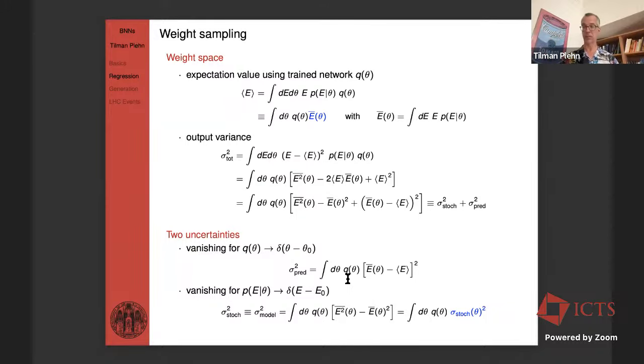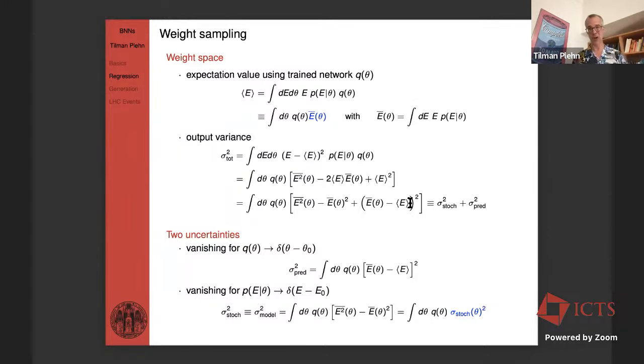So that's clearly 0. So the second term, to be precise, describes the quality of my network training, the width of the theta distributions. That means if my theta distributions are super well trained, very narrow, that second term, which forms the uncertainties, will go to 0.